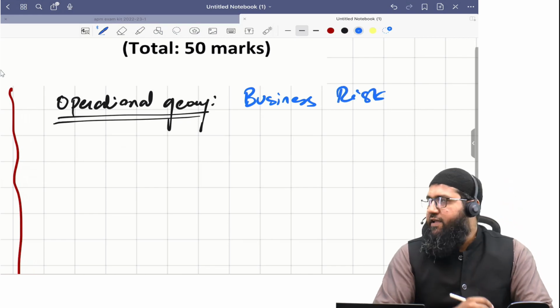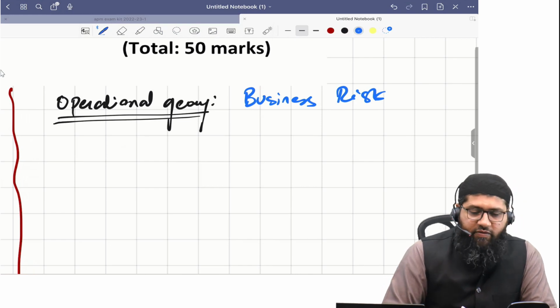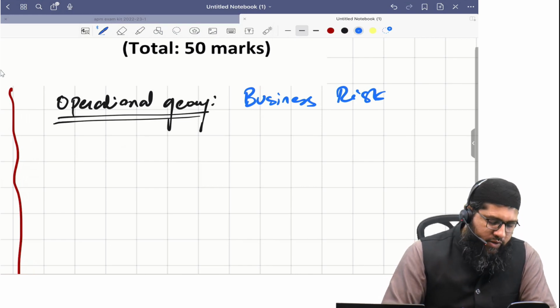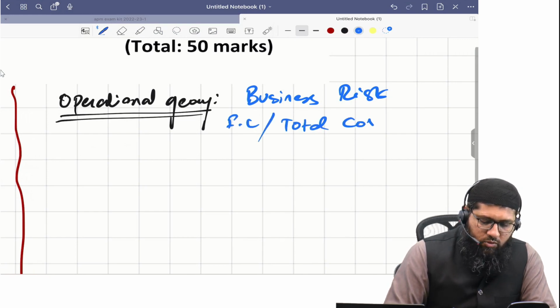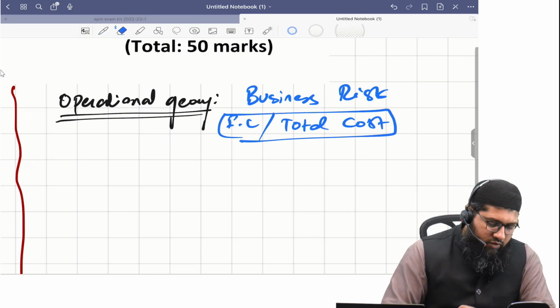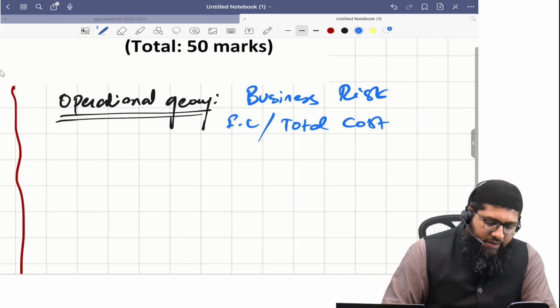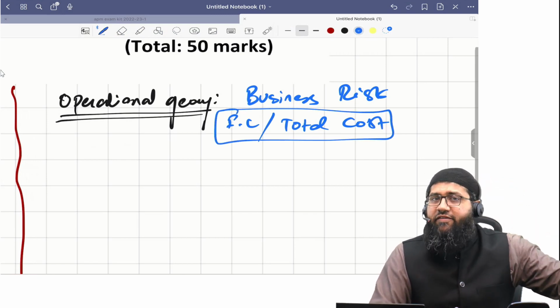Now there are different ways of estimating operational gearing, and one of the answers provided by one of you is the fixed cost as a proportion of total cost. The higher the fixed cost, I repeat, the higher the risk.